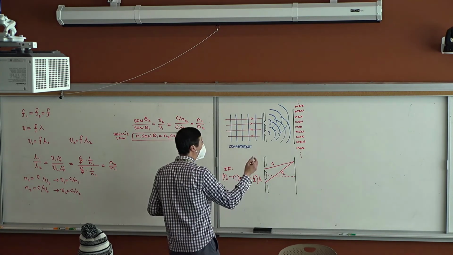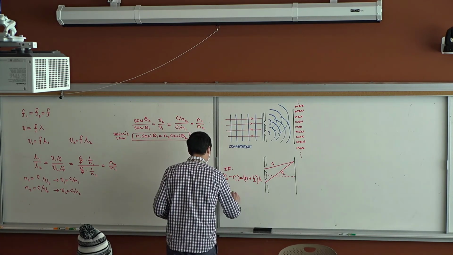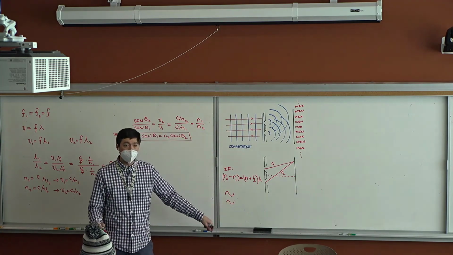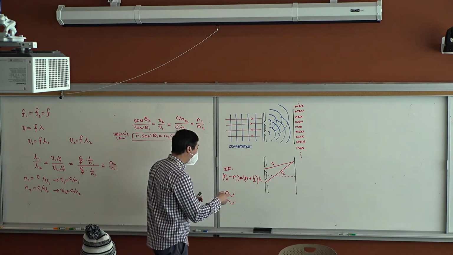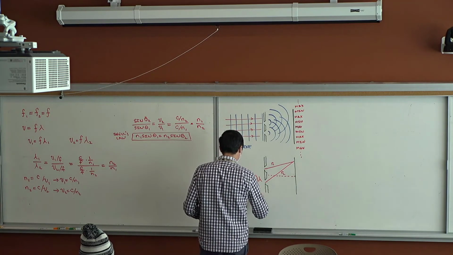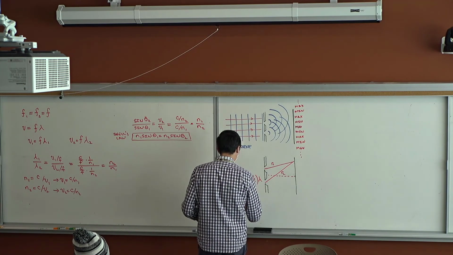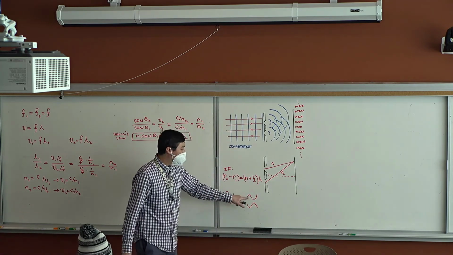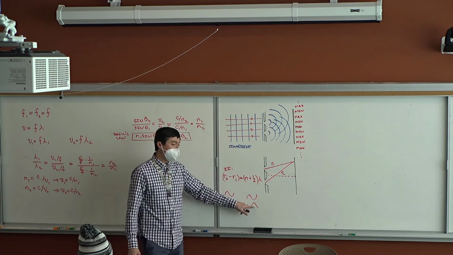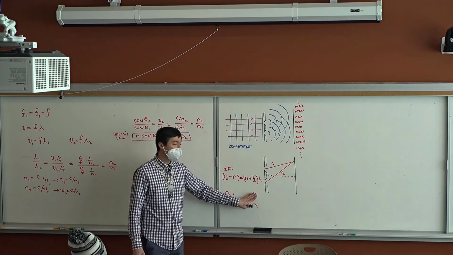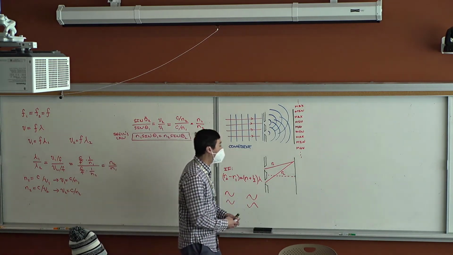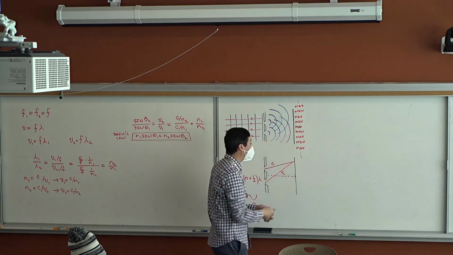If they start out in phase like this, peaks line up with peaks, valleys line up with valleys, but when they arrive like that, peak lines up with valley, valley lines up with peak. These guys partially or fully cancel, right? And we'll get our first minimum, yeah?